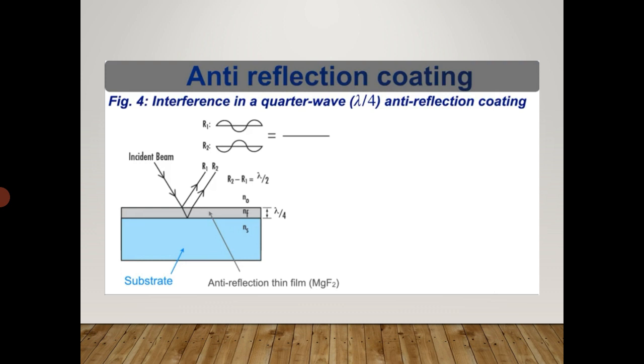Due to destructive interference, the intensity of reflected rays is reduced and thus reflections can be minimized. The condition for minimum is 2 mu t cos r = lambda/2, and 2 mu t = lambda/2. Therefore, t = lambda/4 mu.